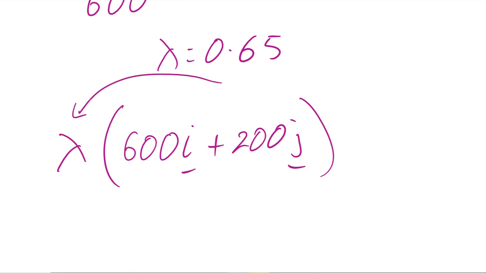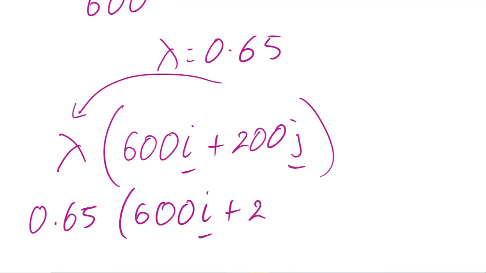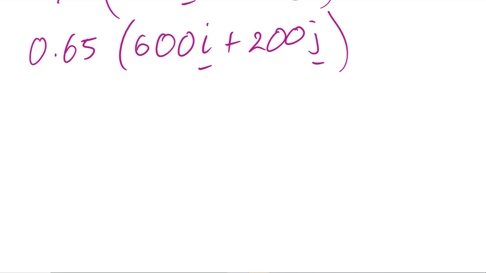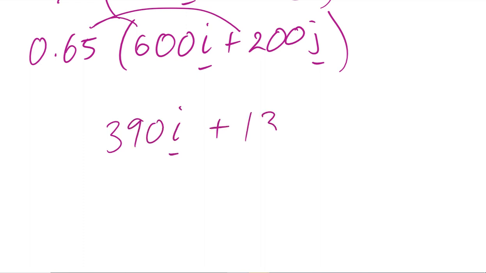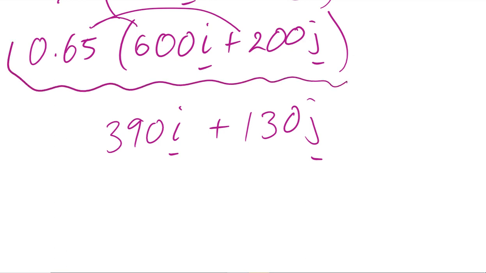Putting that value into there, 0.65 times that, if I've done this correctly and I've worked all of this out correctly, and I multiply all of these out, that should essentially equal my resultant vector, which was 390i plus 130j. So this is just showing you why it's important to use the direction of the initial displacement vector to figure out what you're trying to find out.